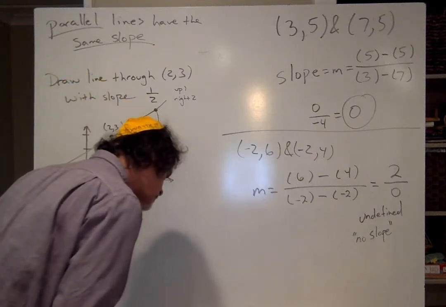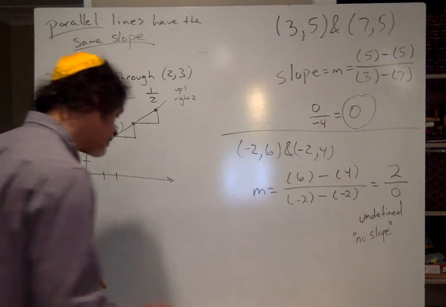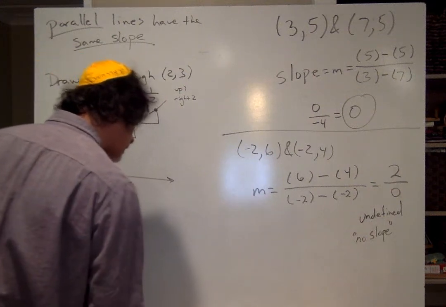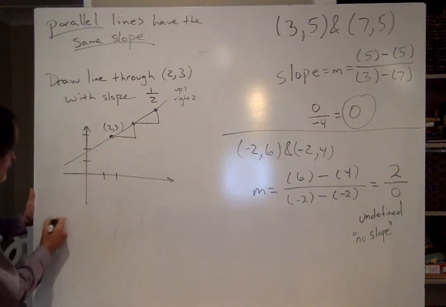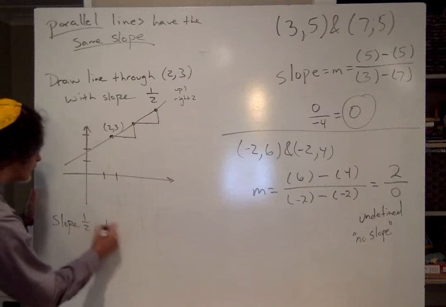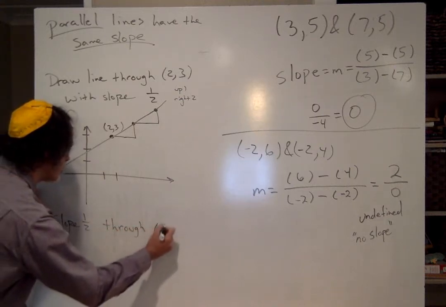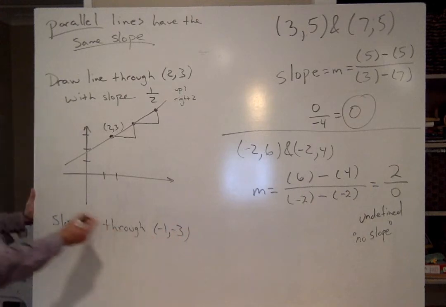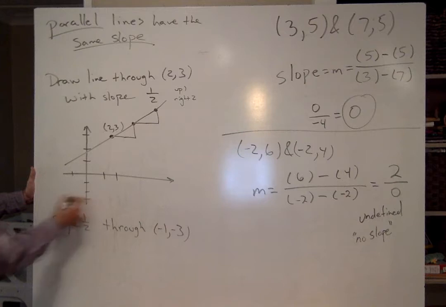Then it says on the same set of axes, draw a line with slope of 1/2. So same slope, so it's going to be parallel, through the point (-1, -3). Here's the point (-1, -3).